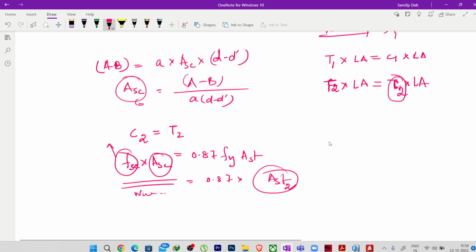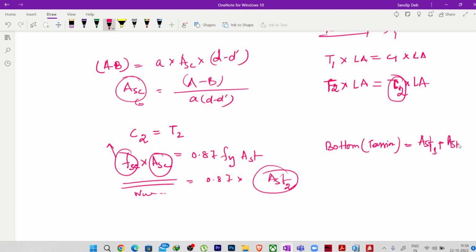So here at the bottom, or precisely I will write it at the tension zone, we will be providing AST1 plus AST2, and at the top, or precisely I will write it the compression.